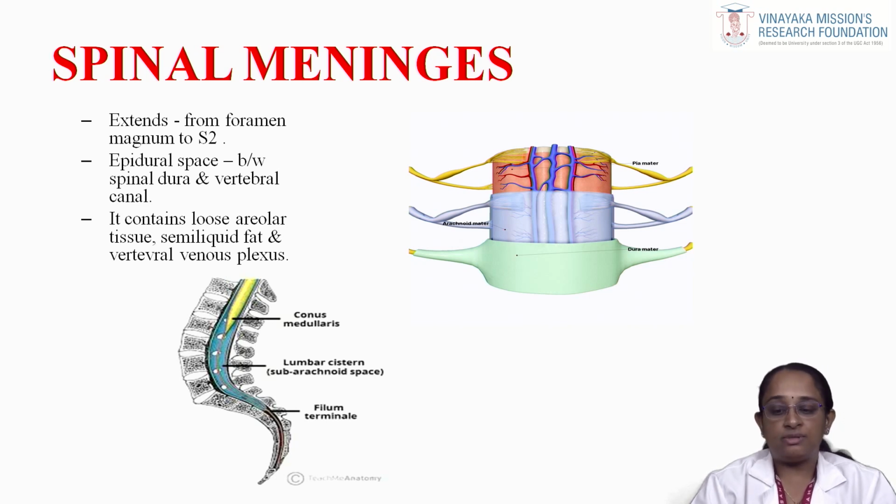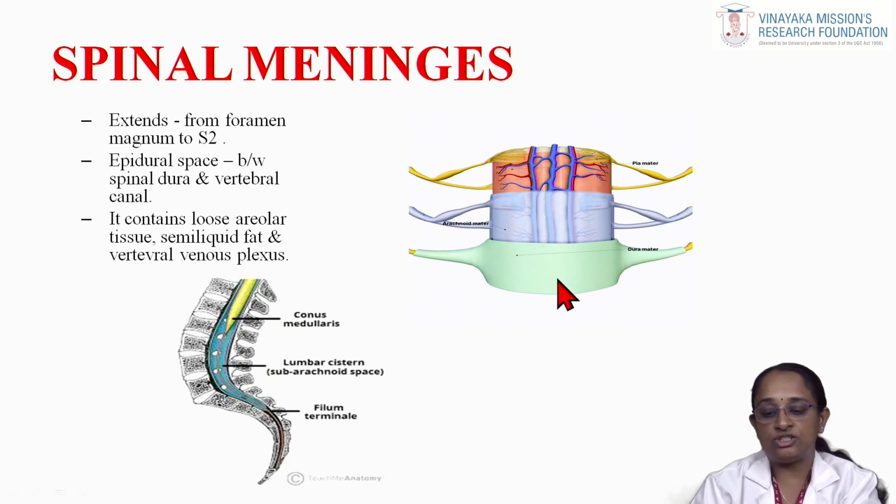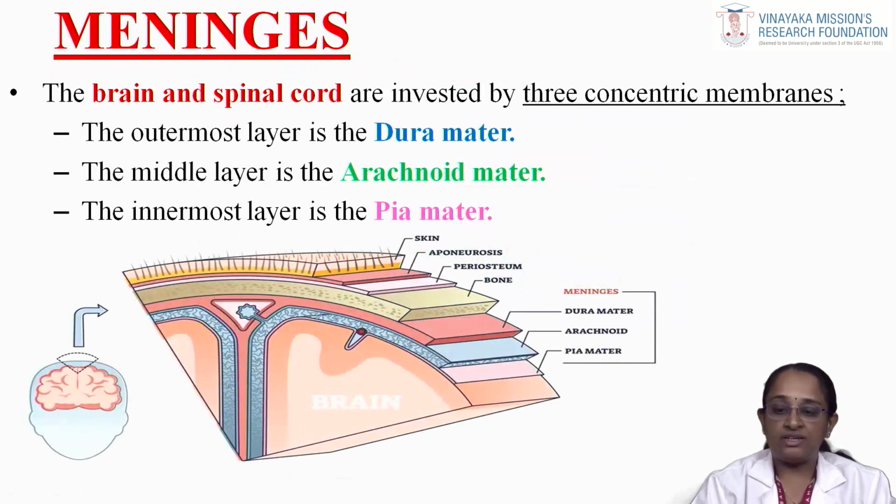So the spinal meninges means the three layers: the outer dura mater, the middle arachnoid mater, and the innermost pia mater. The same thing is written here to understand it more clearly.